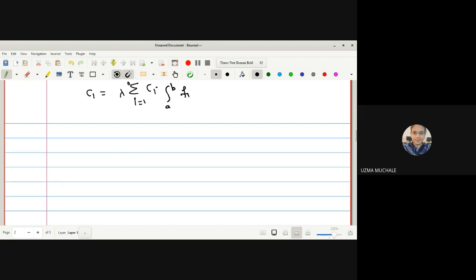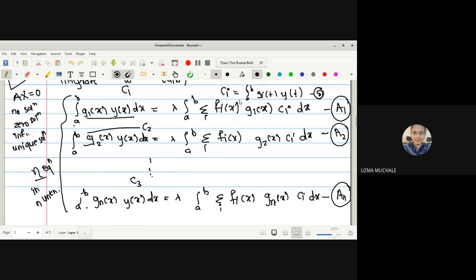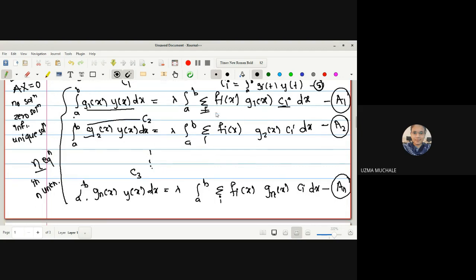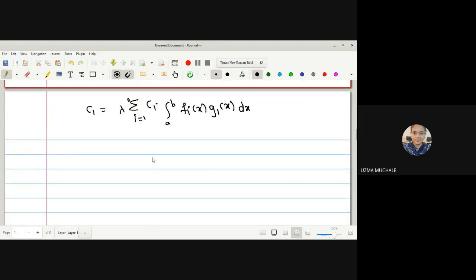Integration a to b, what is the term? fi of x into the first multiplier g1 of x dx. Whatever the term here we have, that we have renamed c1, and this ci we can take outside, and this summation also we can take outside, and we have the value of this term inside the integration a to b fi of x g1 of x dx.